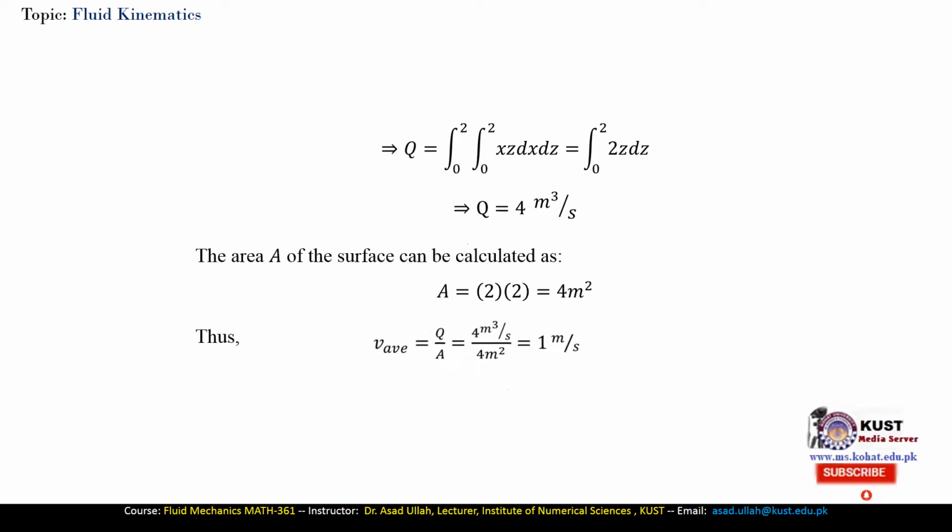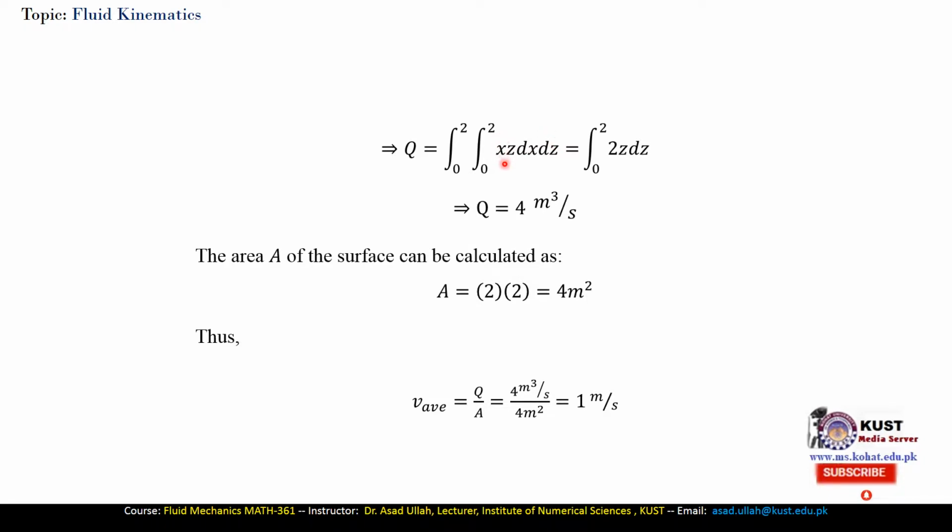Now, since the plane is placed in the xz plane, we will get the limits on both integrals from 0 up to 2. In the denominator, the dot product and its magnitude of the unit normal and the unit vector along the y-axis is equal to 1. So we get the integrand xz dx dz.